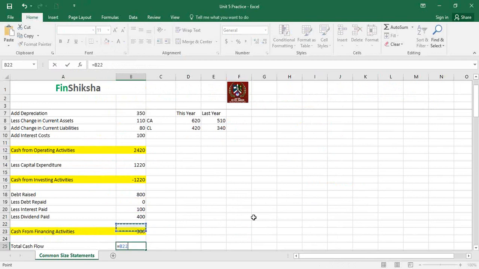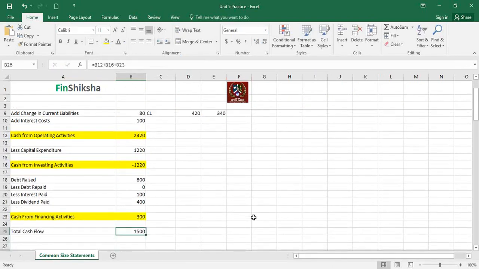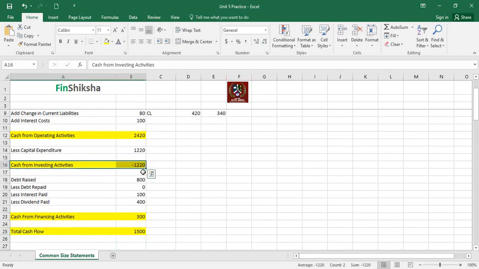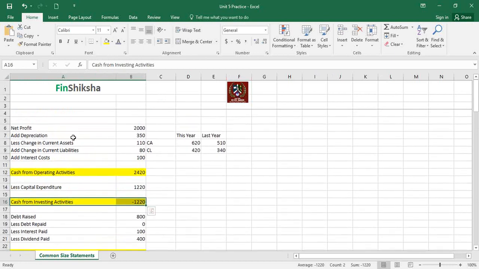The cash flow total is going to be a sum of operating activities plus investing activities plus financing activities. Total cash flow the company makes is 1500 crore. So effectively the company has done some investing activity but has been able to completely fund it from its own operating cash flows, right?